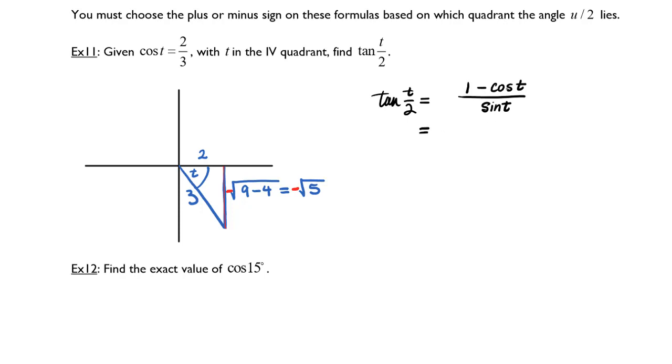I will replace cosine of t with the value I find for cosine of t, which is adjacent over hypotenuse. So I will have 1 minus 2/3 in the numerator. And in the denominator, sine of t is going to be negative root 5 over 3, opposite over hypotenuse.